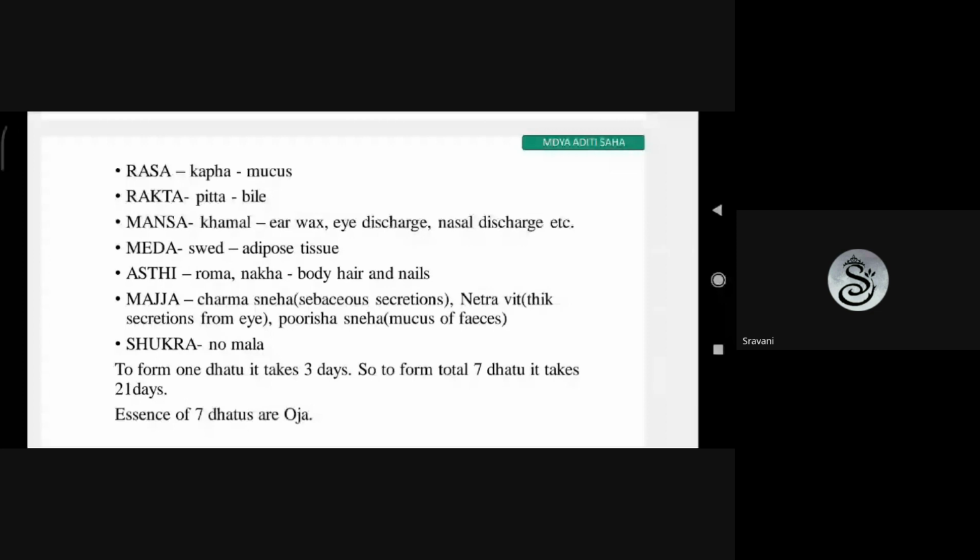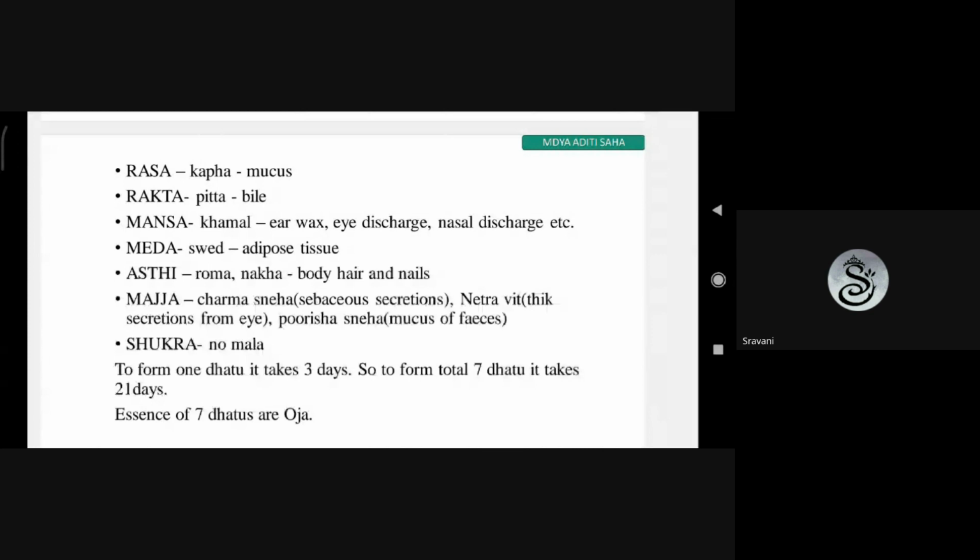It's not like that. In the Ayurvedic concept, it is a bit different. Pitta is not only the bile juice that is produced by the liver and stored by the gallbladder. Pitta is way more broad, way more vast than bile.